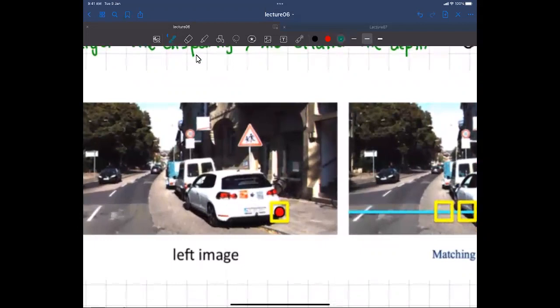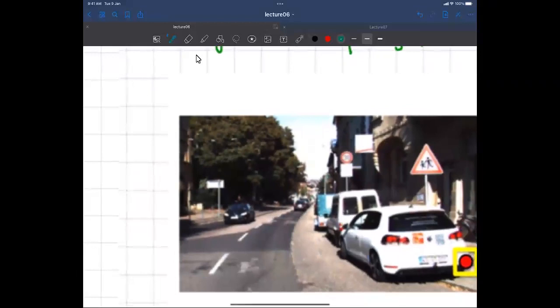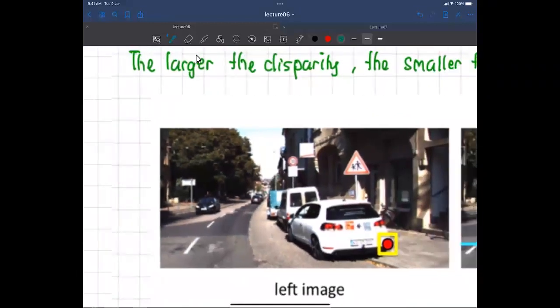But if it is a very complex texture, like the tree here or the leaves here, we don't need to have that big a patch. A small patch will do because that small patch is already unique in terms of the characteristics of the pixels. So different texture, different depth will influence the patch size.